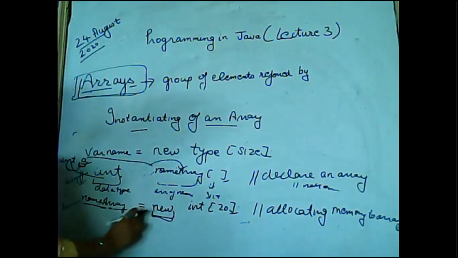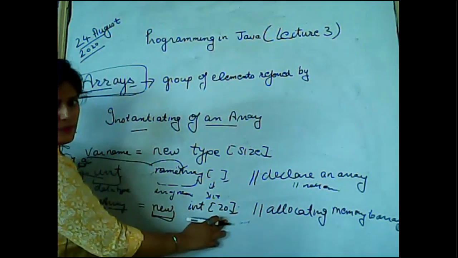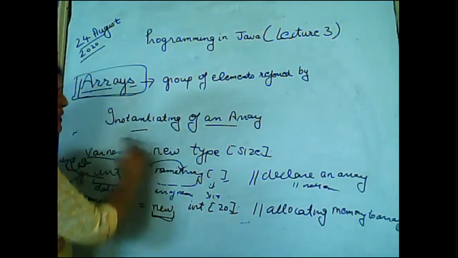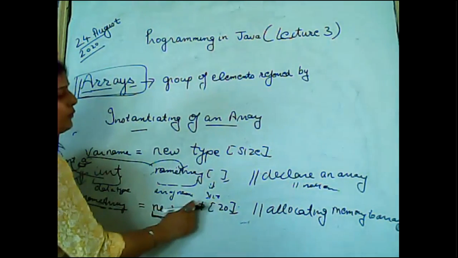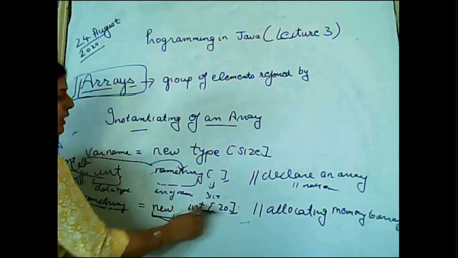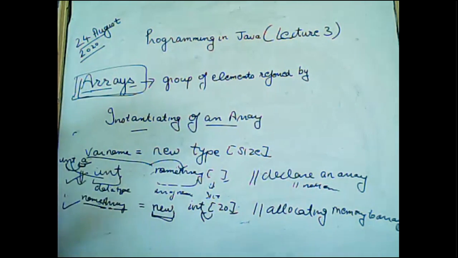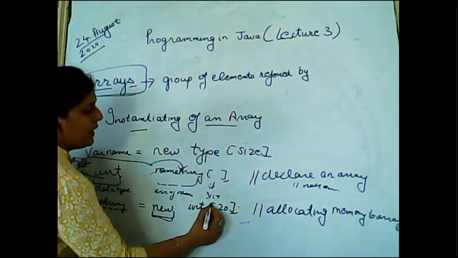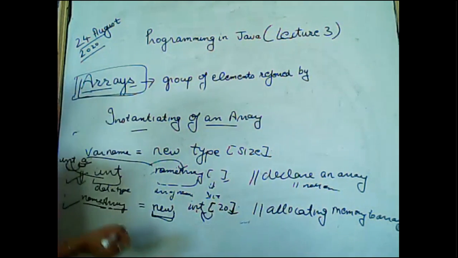Array name equal to new int and the size over here. Clear? I have mentioned this in all the points I discussed earlier, that we use the data type and we use these brackets with it. If you are listening to me carefully and seeing this blackboard, I told you earlier also that we have to use the square brackets with the data. Fine.